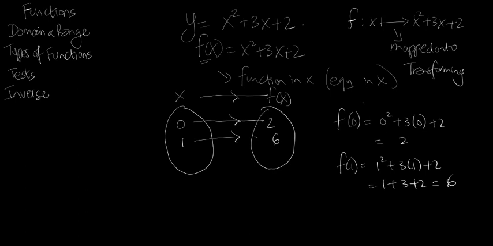All right? So you're basically taking input values, you're inputting the input value in the equation, and then you're getting an output value. So these values here are referred to as input values. Another name which is given to them is domain, or sometimes we call these values objects.